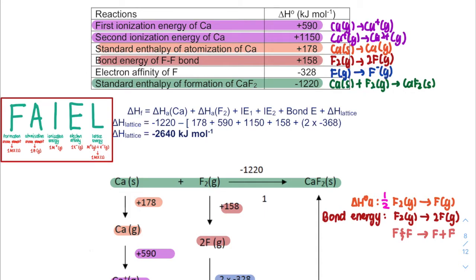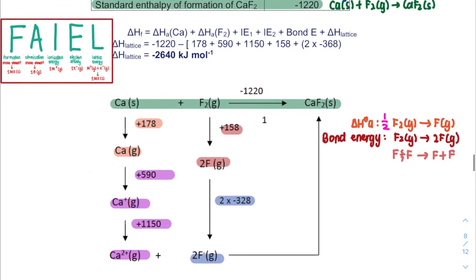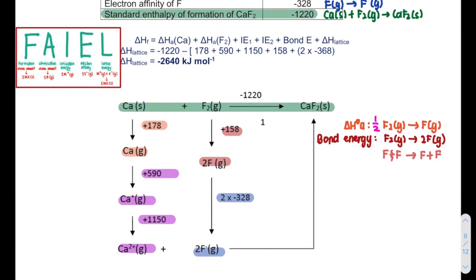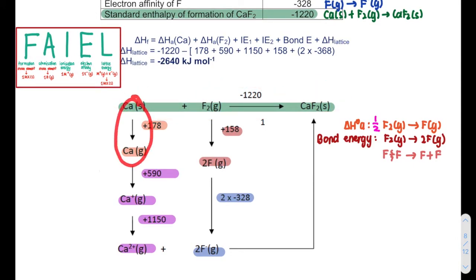So from there we can draw the Born-Haber cycle. So here is our F. This is our atomization.